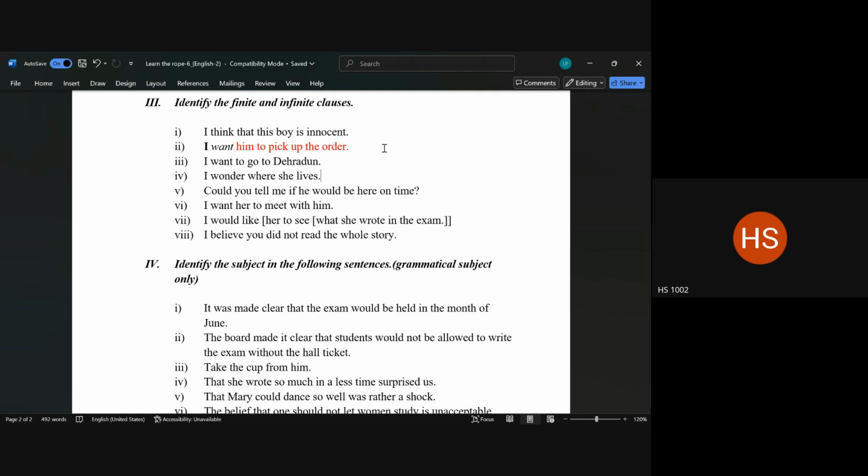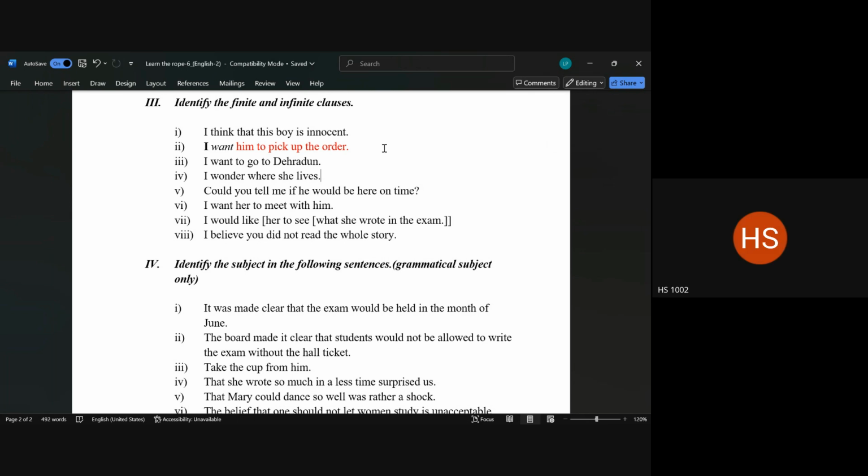Okay, fifth one. Could you tell me if he would be here on time? This is an interrogative sentence, and this carries an if clause, right?